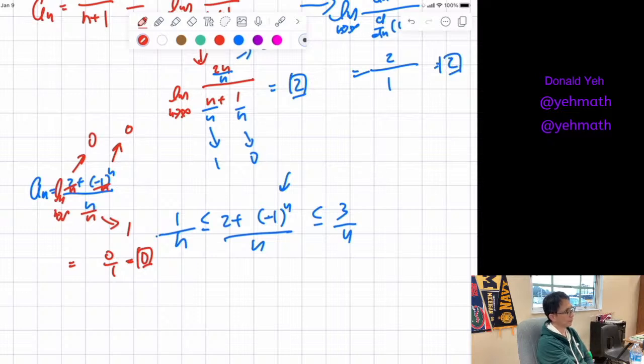Right? If you take a derivative of negative 1 to the n, do you remember how to take a derivative of a to the x? Yeah. I would do it.